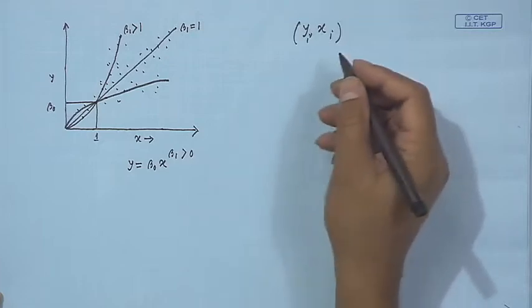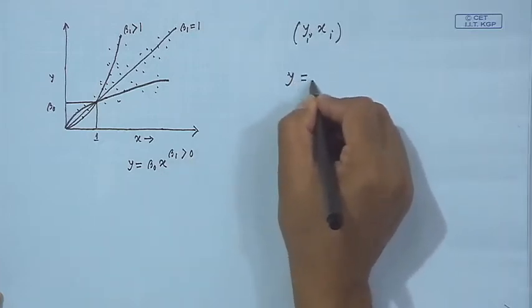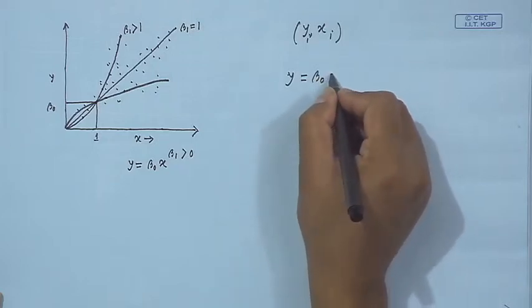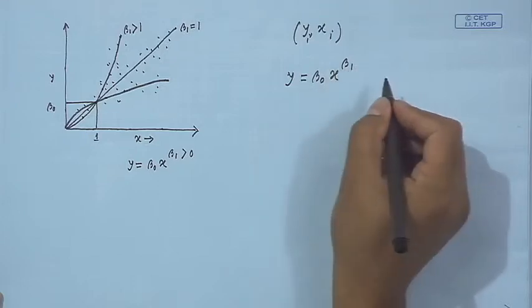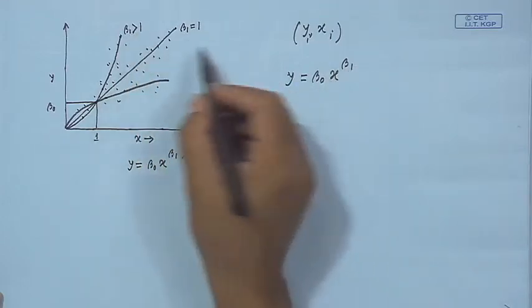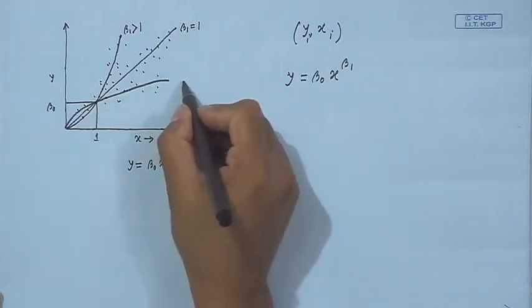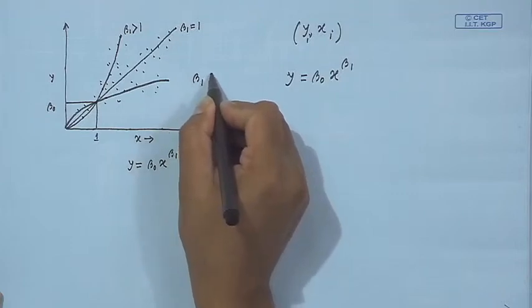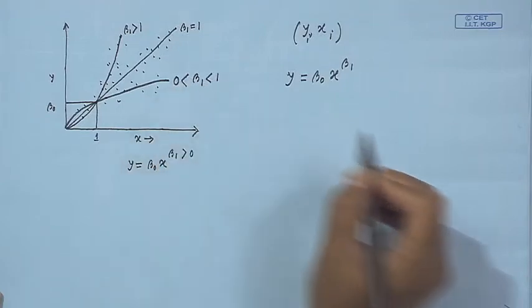It is not a linear relationship. The relationship is y equal to beta naught x to the power of beta 1. This one is the case when beta 1 is greater than 1, this is the case when beta 1 is equal to 1, and this is the case when beta 1 is less than 1 but greater than 0.